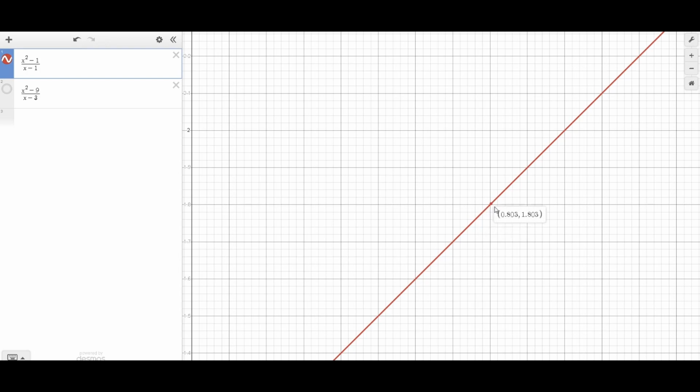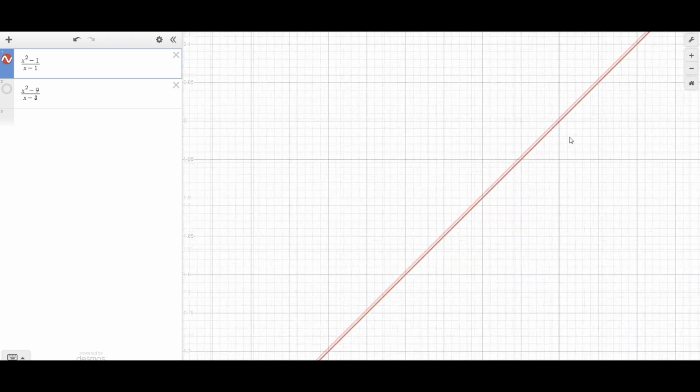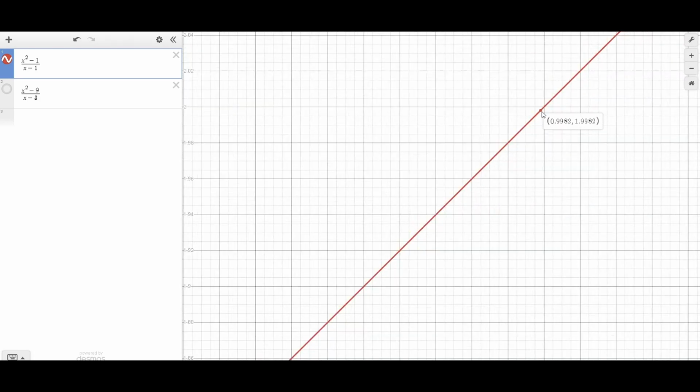So my x is 1. As soon as we approach it, boom. Undefined. But we can still see what's happening the closer we get to this point. Boom. Undefined. So now we know the limit of this function is 2, which is undefined at that point, but we can see what happens when we get closer to it.